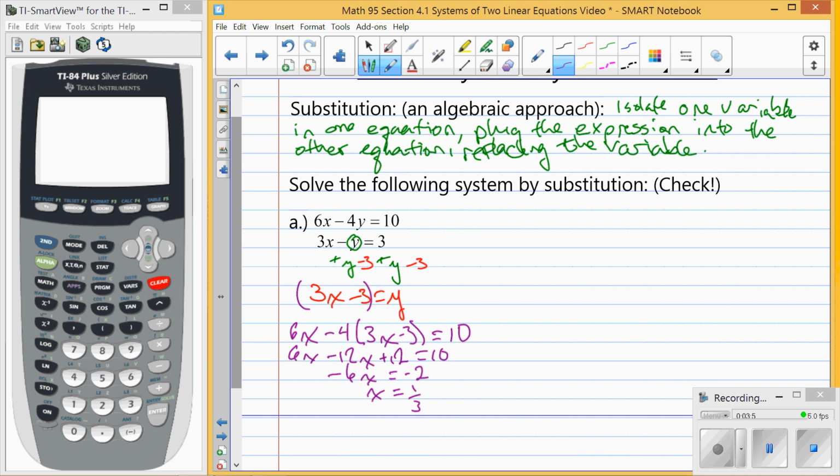At this point, the steps are identical to those for elimination. Once you have one of your two variables, you're going to plug that into one of your equations so that you can solve for the other variable.